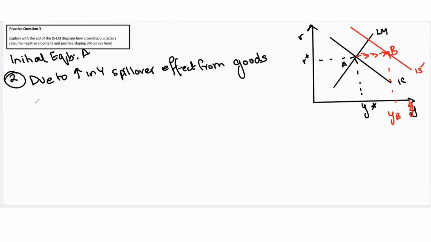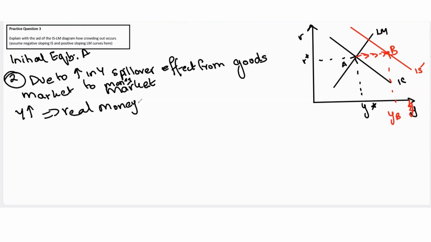We know money demand is a function of Y. The increase in Y that we saw, which moved us from A to B, has a spillover effect in the money market because money demand depends upon Y. The idea is that Y increases, real money demand increases, because remember L is a function of R and Y.